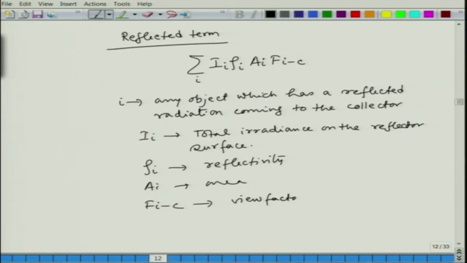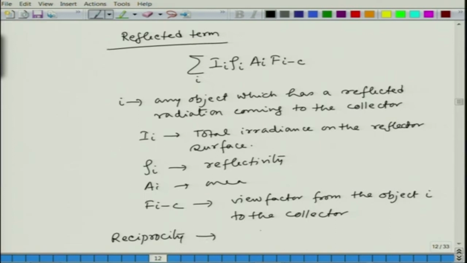View factor from the object I to the collector. Again we will have the reciprocity whenever we require to use it.